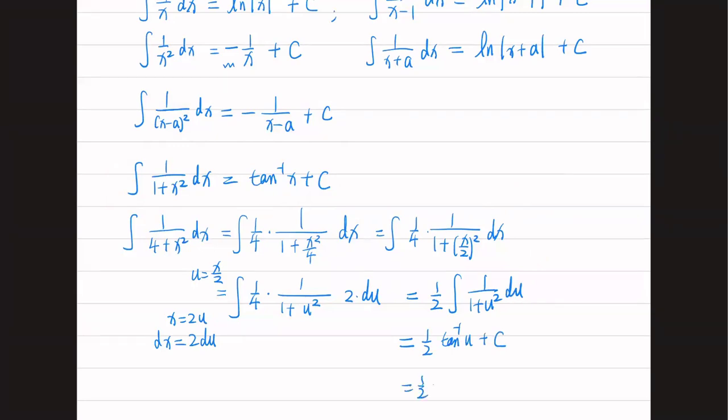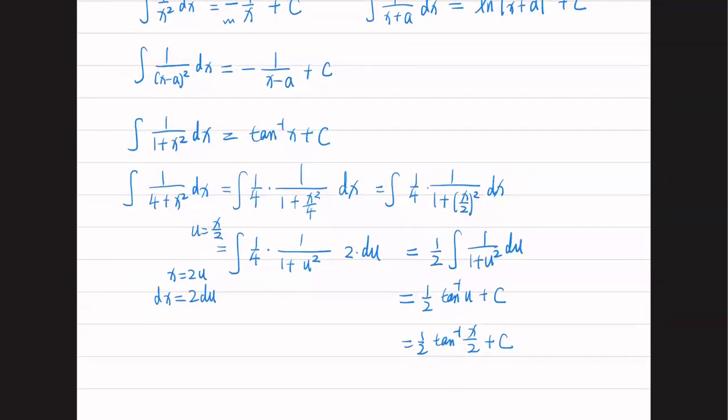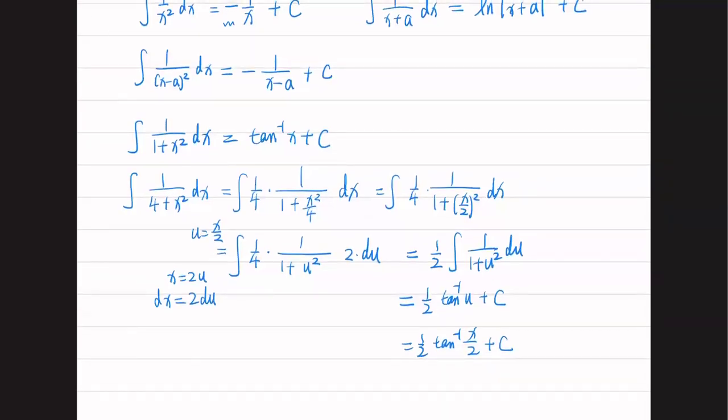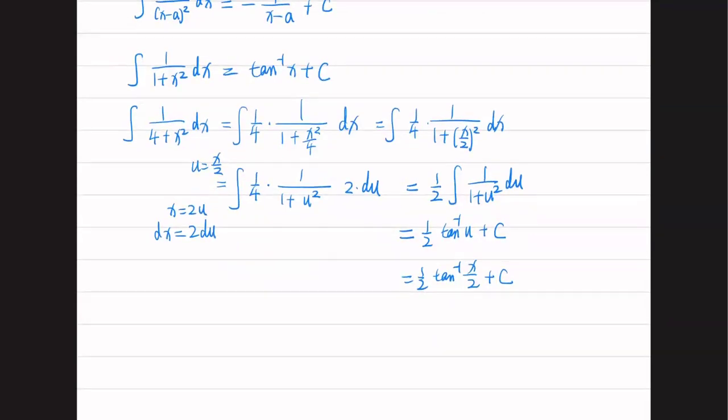It becomes 1/2 arctangent of u, where u is x over 2. Switch back to x. Okay, so this is the integral of 1 over 4 plus x squared. So we use a substitution.